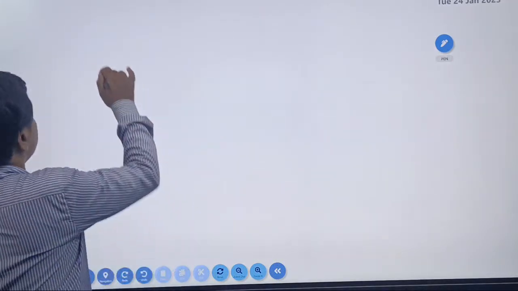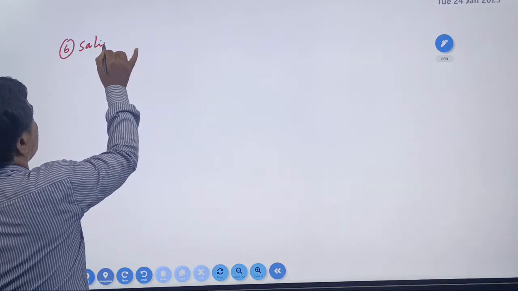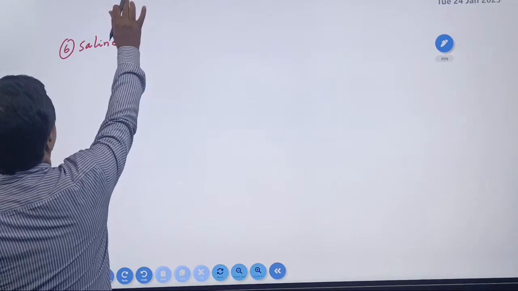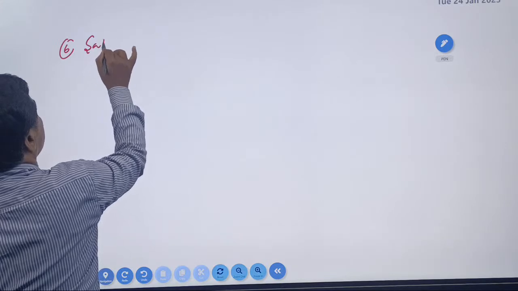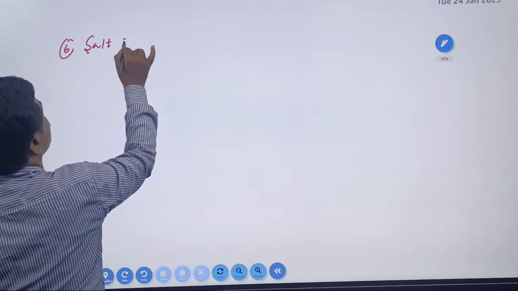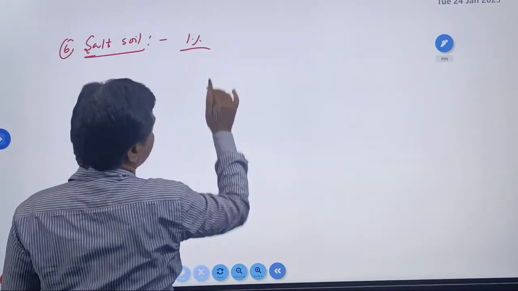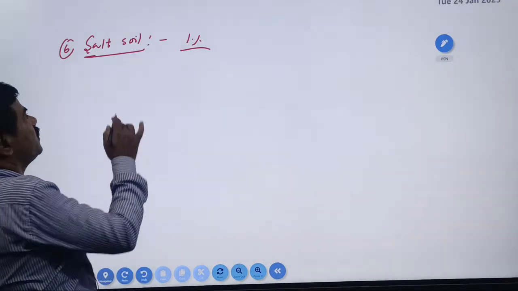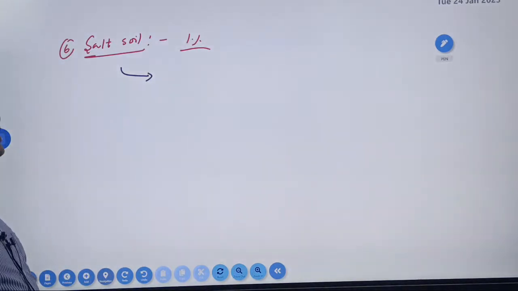Last one, sixth one, saline, salt-related soil, which is also 1% of the total soil. This type of soil's percentage is sometimes very small, less than 1%.